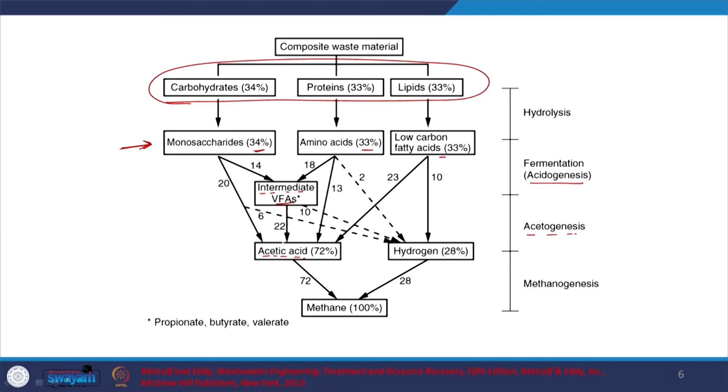So, now you see there are two stages: one is acidogenesis, when you have the intermediate volatile fatty acids, or some of it directly going to acetic acid, and the other one is acetogenesis, where, as I mentioned, you are going to have formation of acetic acid and also the transformation of all these intermediate volatile fatty acids into acetic acid. And note that during this process you are going to have hydrogen being formed. So, that is something to note.